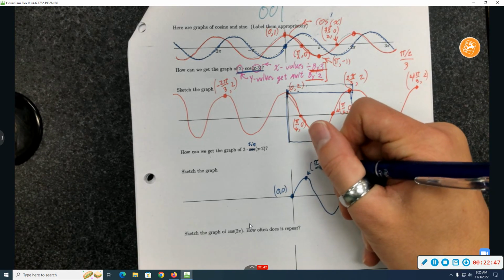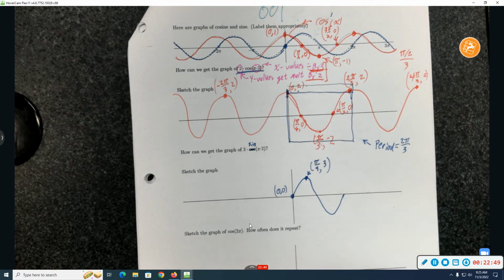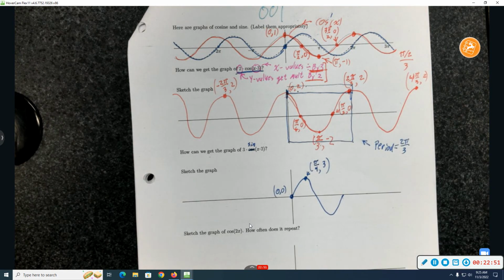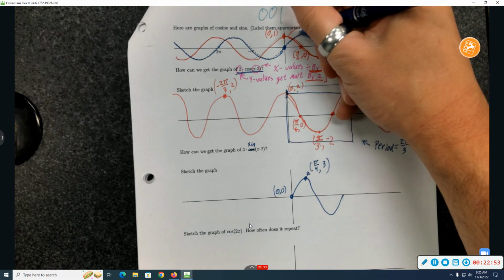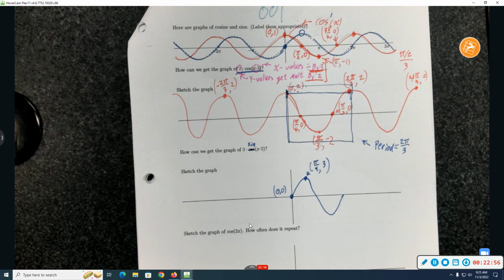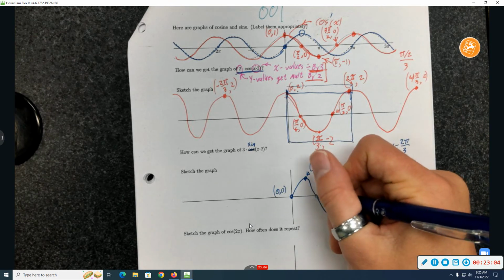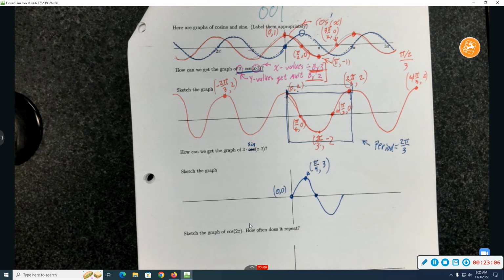Here, pi over 4 comma 3. People agree? Yeah. And so it should be like this point, but the x value gets divided by 2, and it used to be pi over 2. The y value used to be 1. Now the y value is 3. This x-intercept, where is it?